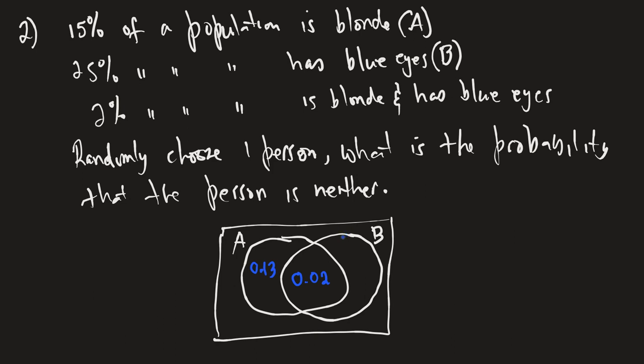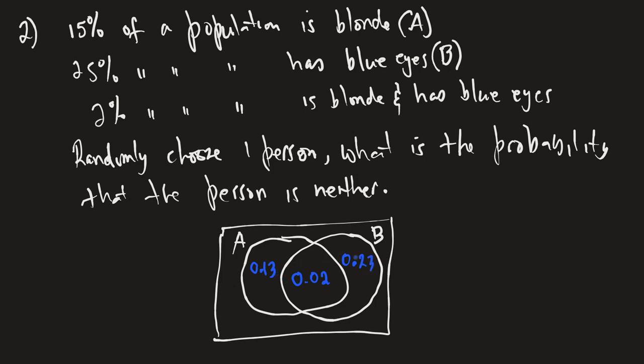25% of the population has blue eyes. So again, the B circle has to total 0.25. Again, we've already accounted for 0.02 of those, so what remains is 0.23, right?